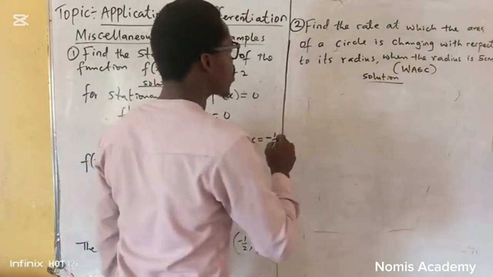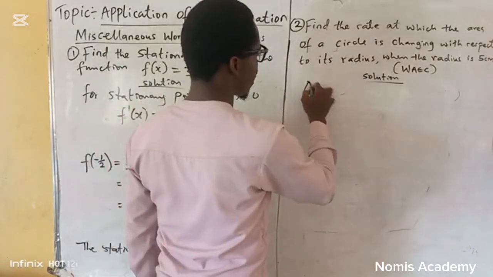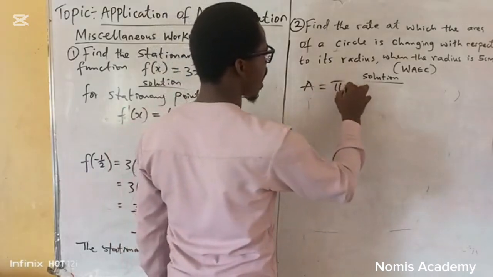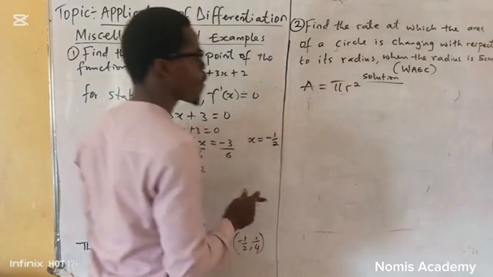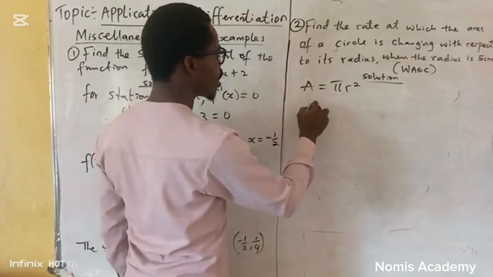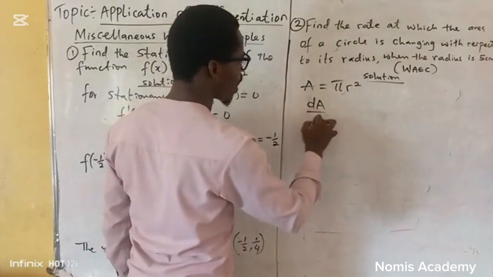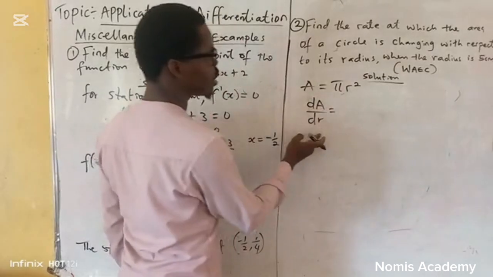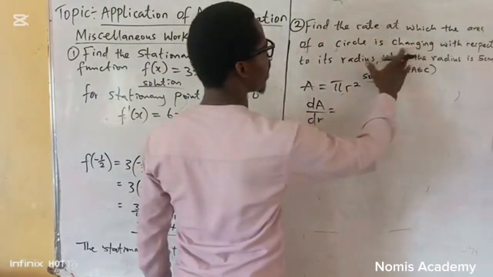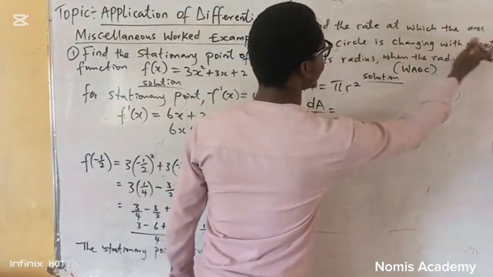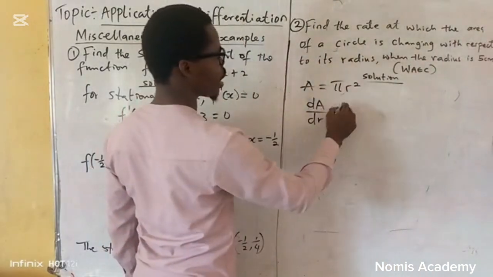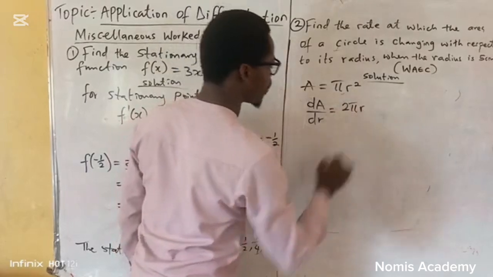Now, we know that the area of a circle is given as pi r squared. And now the rate of change of the area of the circle is dA over dr. That is the rate of change of the area of the circle with respect to the radius. Okay? When you differentiate this, you have 2 pi r.